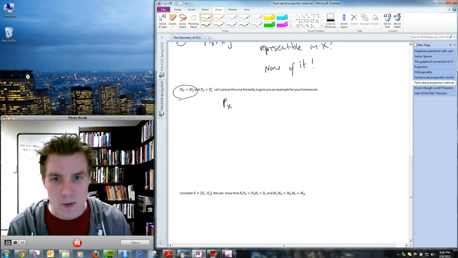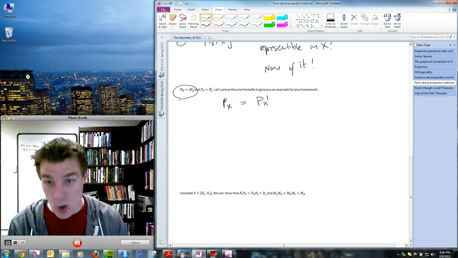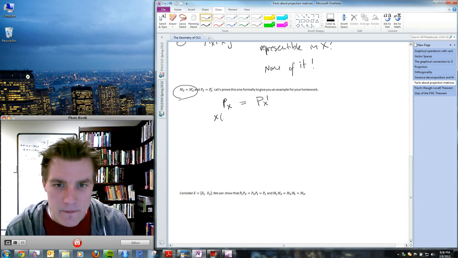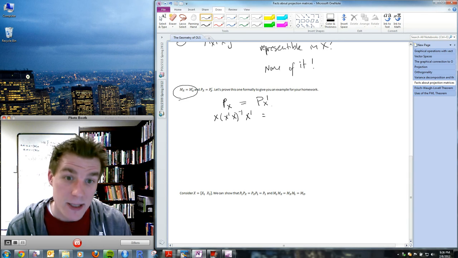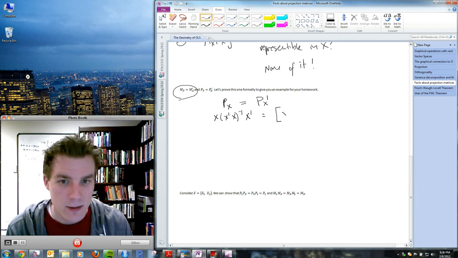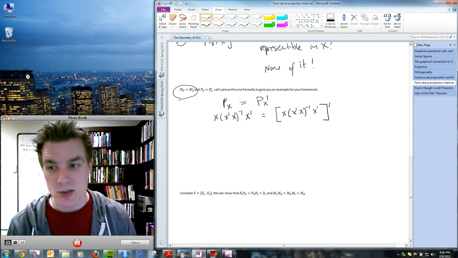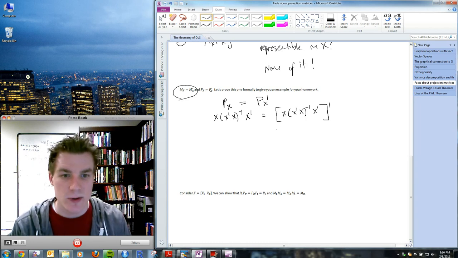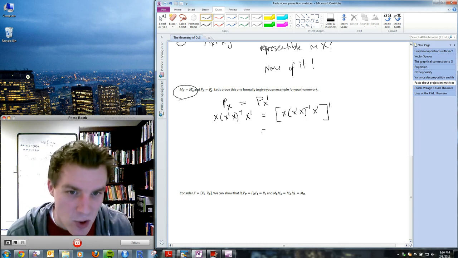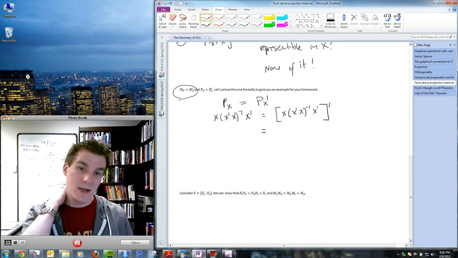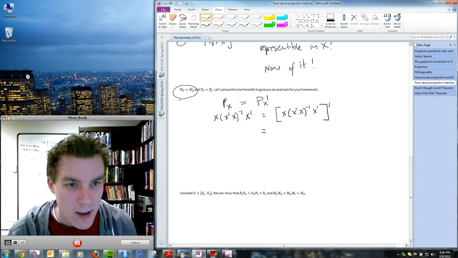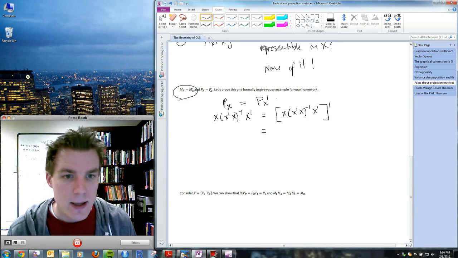So let's just start with Px equals Px prime. A way of writing that longhand is X transpose X inverse X transpose equals Px transpose. So this whole thing, X transpose X inverse X transpose, the whole thing transposed. This is just going to be a bunch of applications of rules of matrix algebra that I taught you a couple of weeks ago. So what I'm going to do is start on the right-hand side and just try to make it look like the left-hand side with rules. Now, this right here is a matrix transposed.